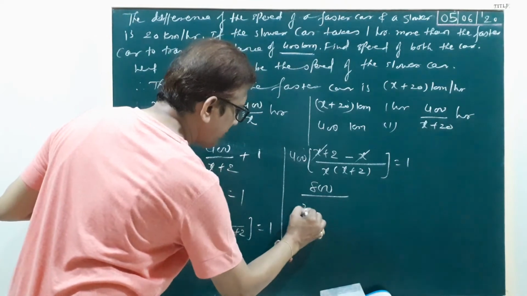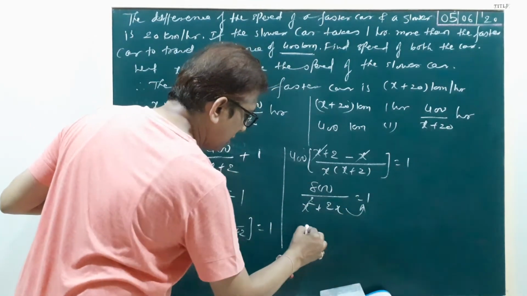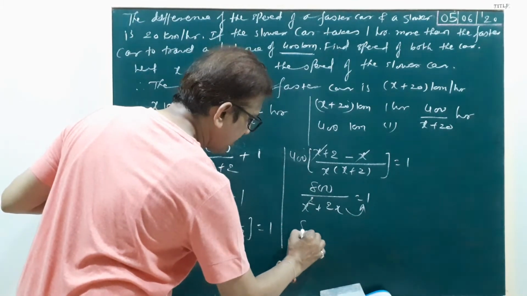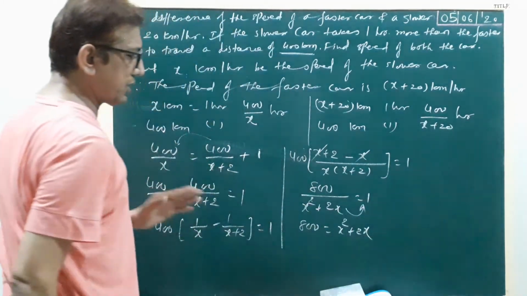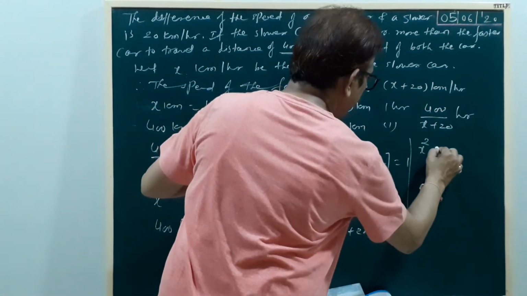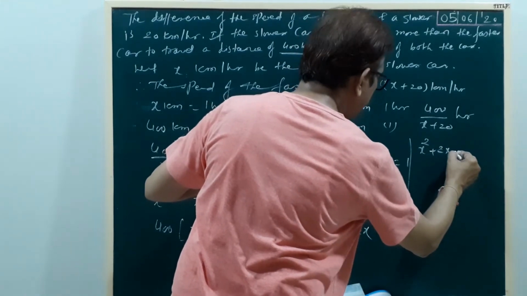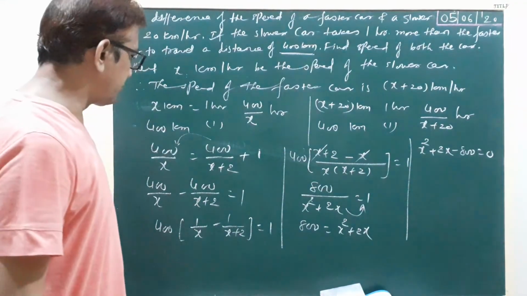And denominator, open the bracket: x square plus 20x equal to 1. Now multiplication: 8000 equal to x square plus 20x. Now 8000 to the left side. So our quadratic equation is x square plus 20x minus 8000 equal to 0.